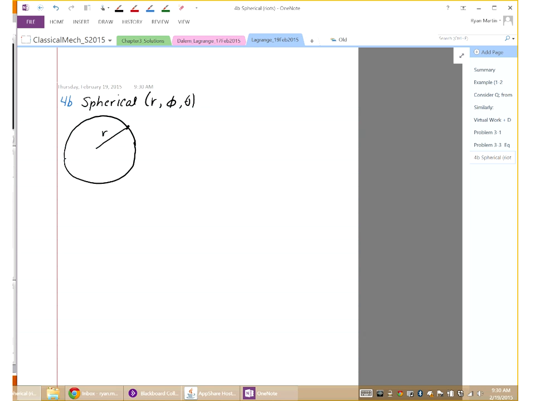So I'm just going to try to describe this. If we're going down, we have the theta. So that's going down from like this North Pole thing. And then if we're going around, we're describing where in the sphere we are laterally.